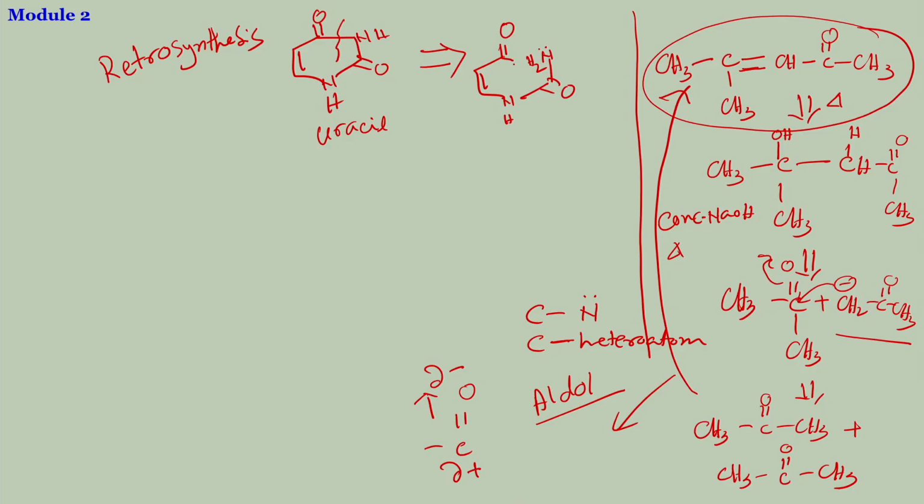So, if this becomes a good leaving group X, for example, a halogen atom like chloride, then the nitrogen can attack, and chloride can go out, because Cl would like to go away as Cl minus, it is highly electronegative. So, you need a good leaving group present in this position.